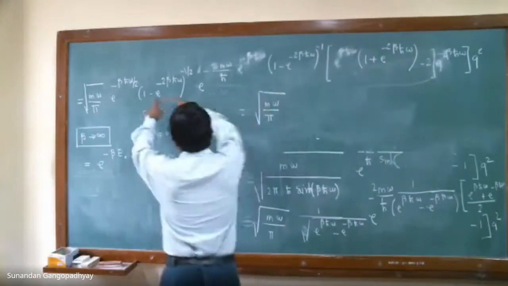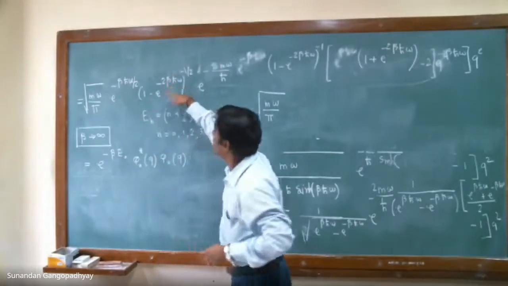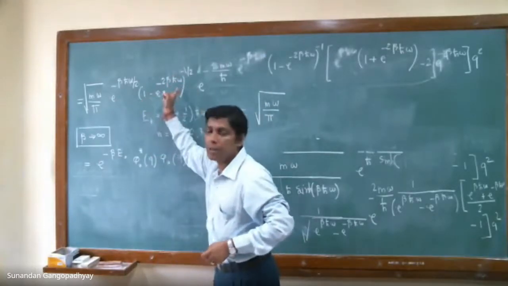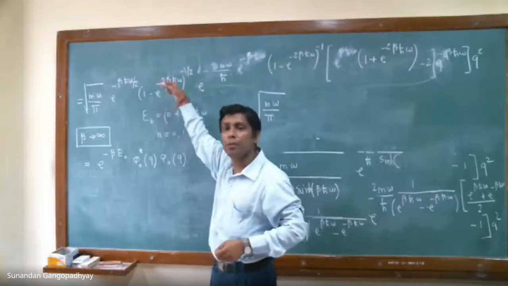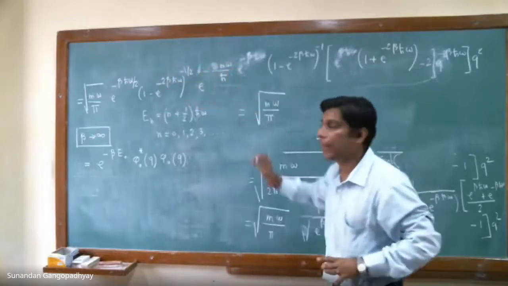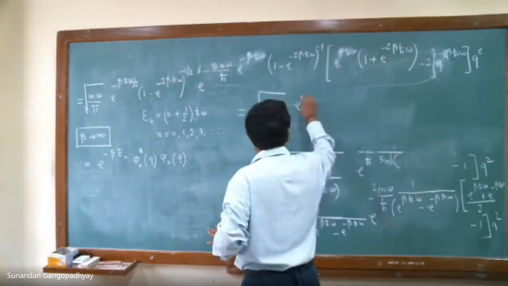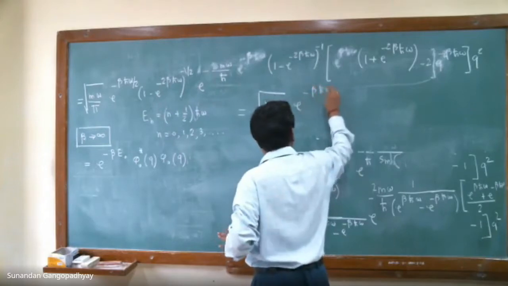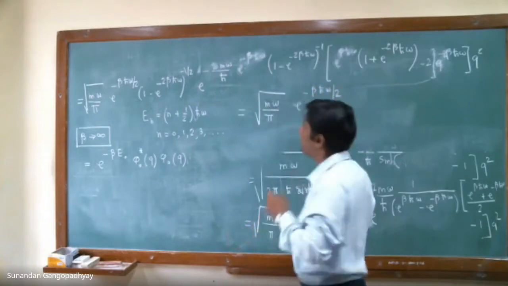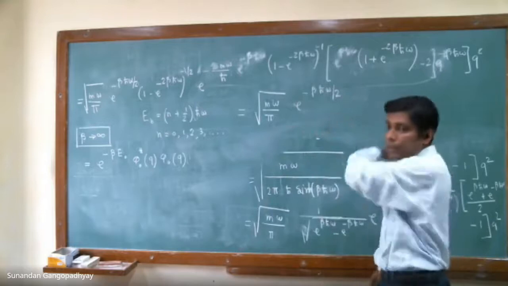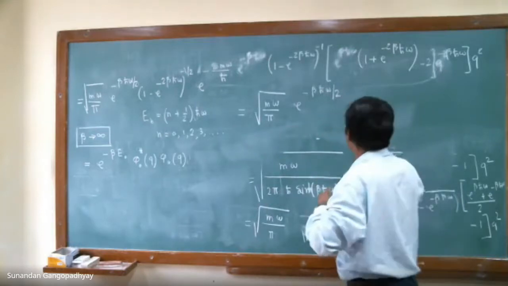As you can see, all the extra terms that appear when you expand this in a binomial series can be neglected in the beta infinity limit. This will therefore be minus beta h bar omega by 2. I will just keep this leading term, and all other terms you can throw out.